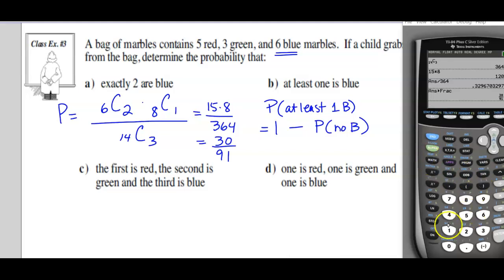So if you're choosing 3 marbles and you have to have at least 1 blue, right? So that would be the number of groups that have 1 blue plus the number of groups that have 2 blue plus the number of groups that have 3 blue. Okay?